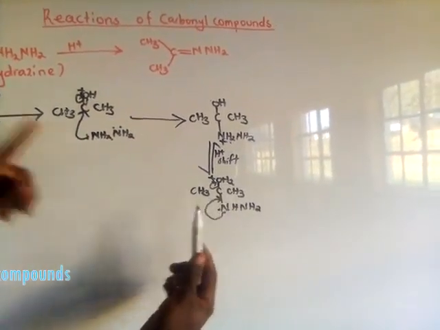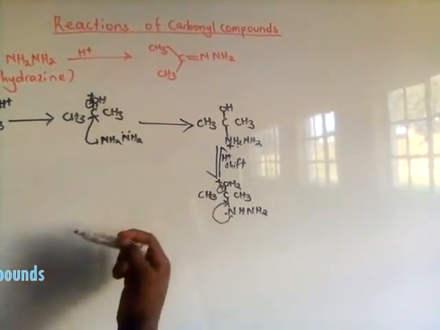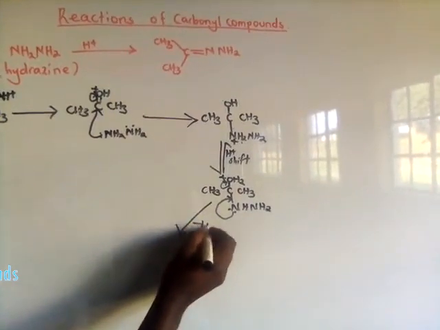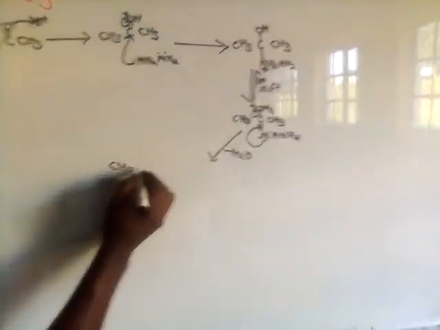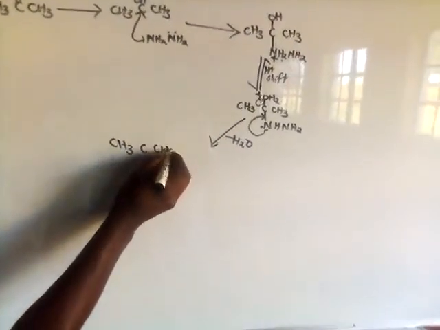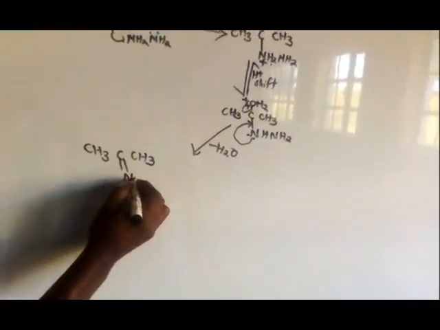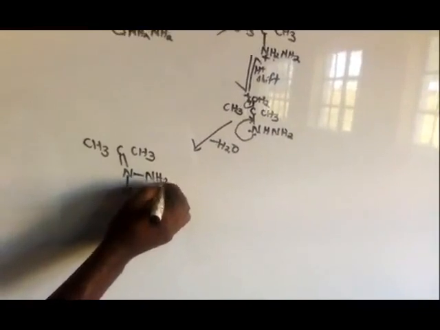In here as OH it cannot go, but if you make it water with a positive charge, it means you are making it a better leaving group. So you shall have minus water, and shall end up having C3, then the double bond is there, then we shall have our hydrogen there, NH2.